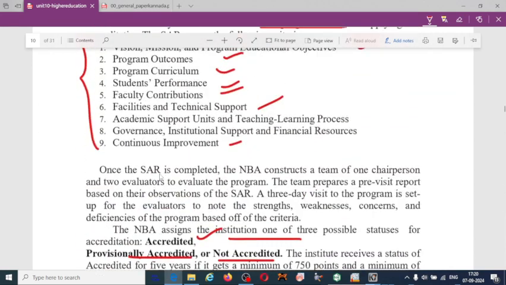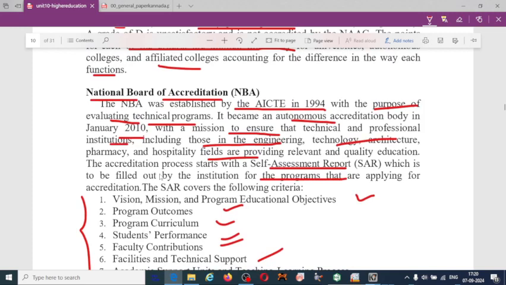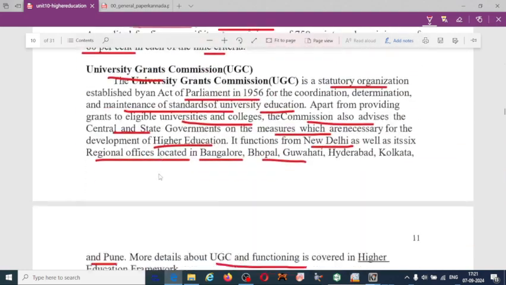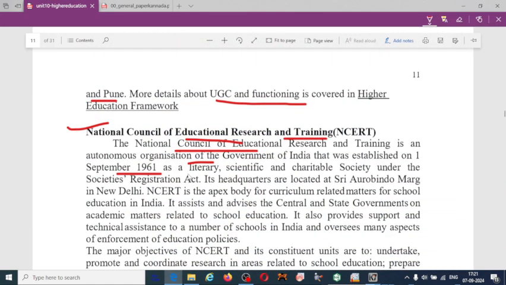All these institutional bodies you should remember, when and how they were established, in which year. As a literary, scientific and charitable society under the Societies Registration Act, its headquarters are located at Sri Aurobindo Marg in New Delhi. They may ask the location. This is located in New Delhi.